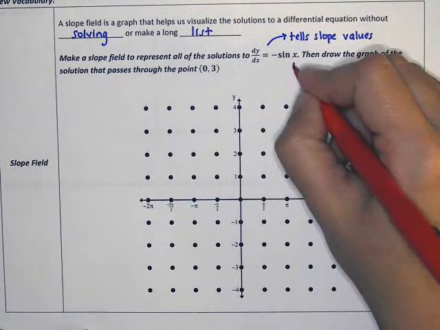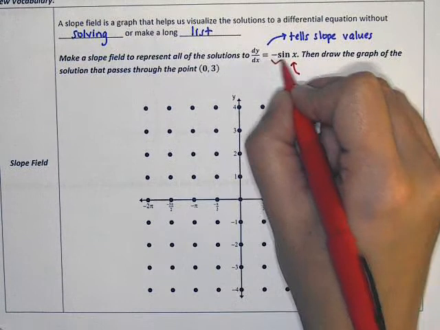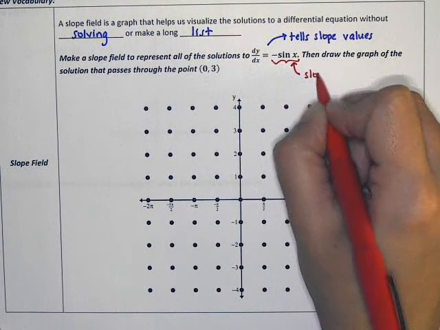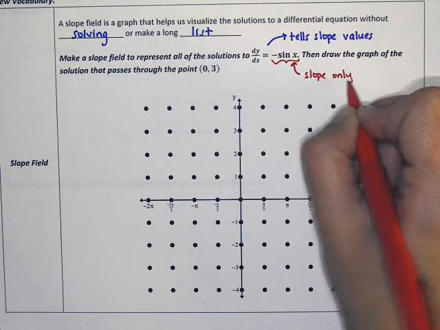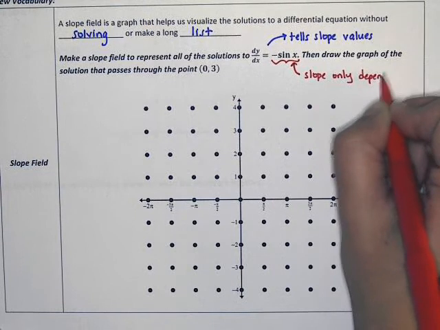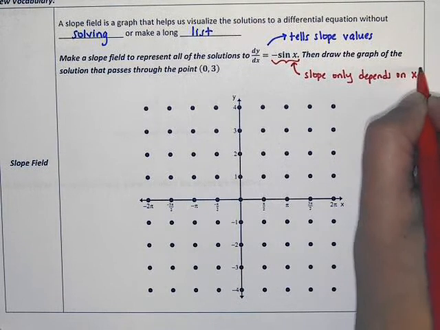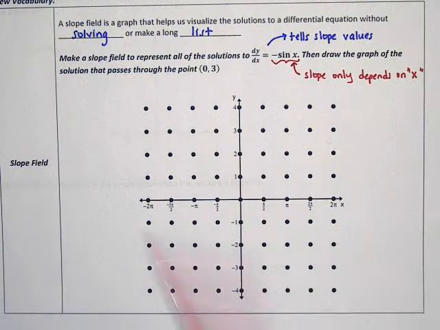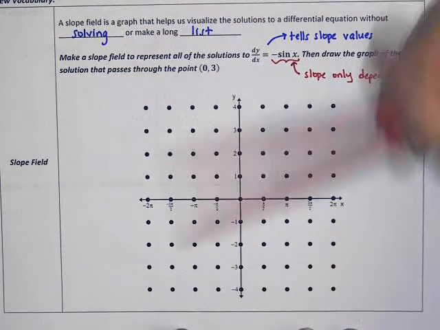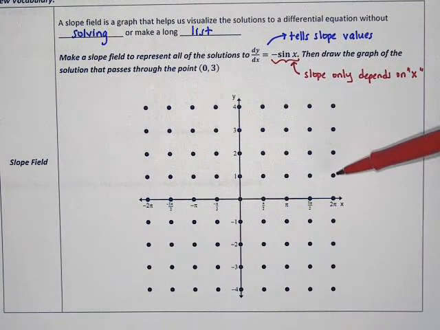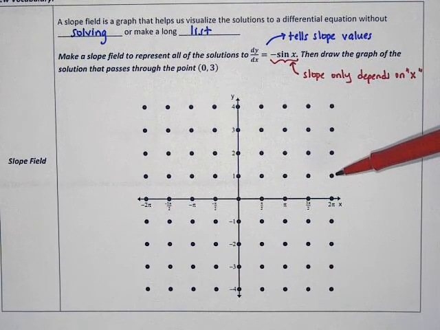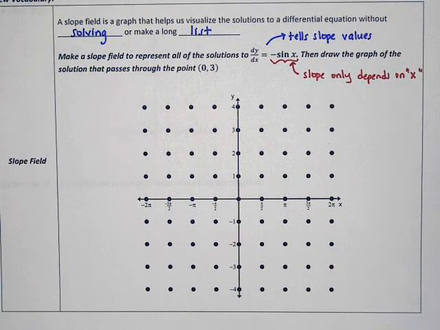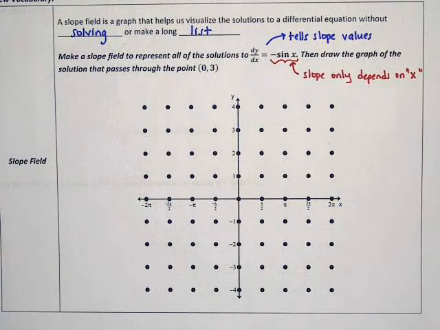Since this side of the equation only has an x, the slope only depends on x. So on this graph, I'm not going to worry for each of these dots about the y value of the ordered pair. I'm only going to worry about the x value because the slope only depends on x.